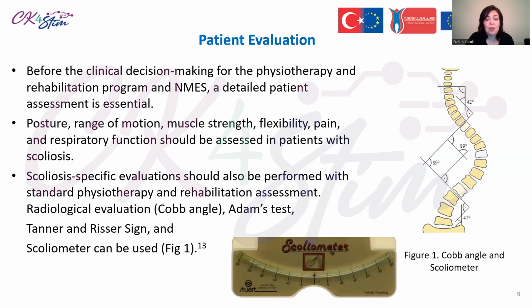Now, patient evaluation. Before the clinical decision-making for physiotherapy and rehabilitation program and electrical stimulation, a detailed patient assessment is essential. Posture, range of motion, muscle strength, flexibility, pain, and respiratory function should be assessed in patients with scoliosis.